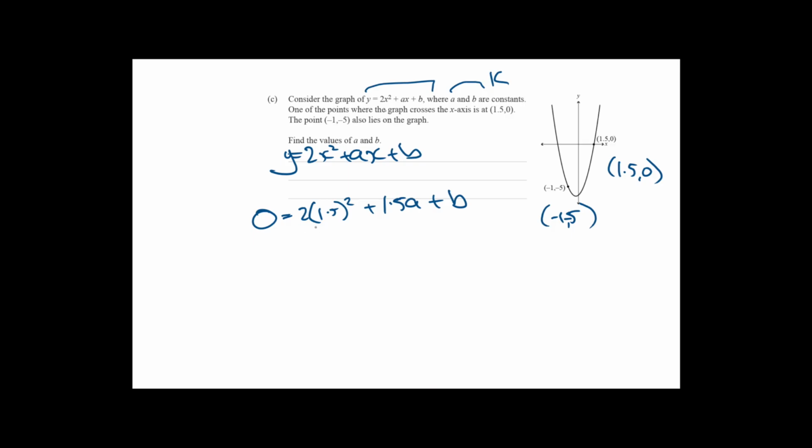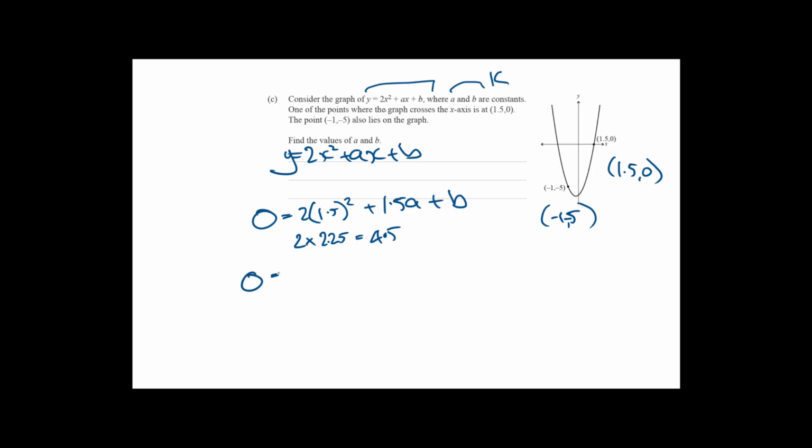So let's deal with this first. 1.5 squared is 2.25 off the top of my head, and 2 times 2.25 is going to be 4.5.